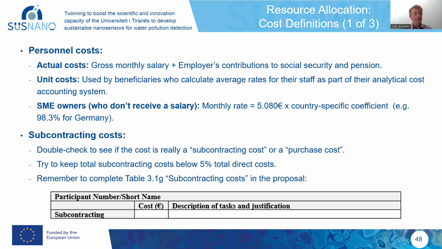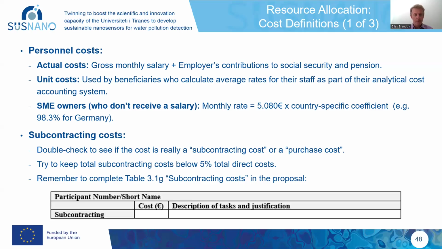This became a bit of a headache at times with the reporting. However, when we moved to Horizon 2020, the Commission recategorized those costs. They no longer said they're subcontracting, but a purchase cost. So I give this as an example to say, don't automatically assume that a certain cost is subcontracting. You have to investigate carefully to see if that's the case.